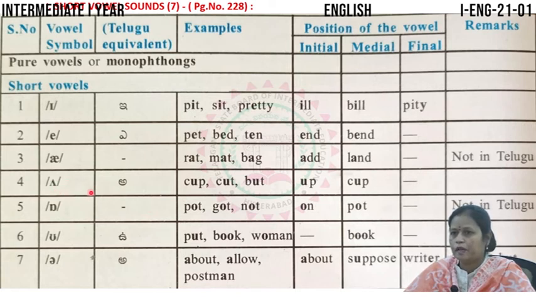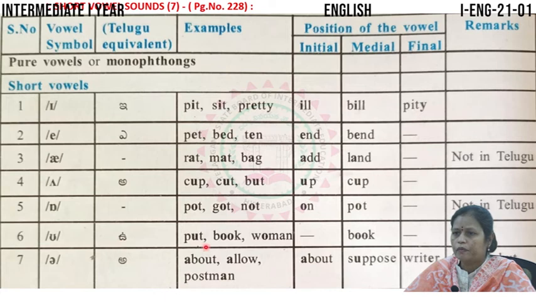Next, as in cup, cut, but, up, cup. There is no sound in the end. Then this is O, a slight variation of the O present in our Telugu language, as in hot, not, on. No ending sound.